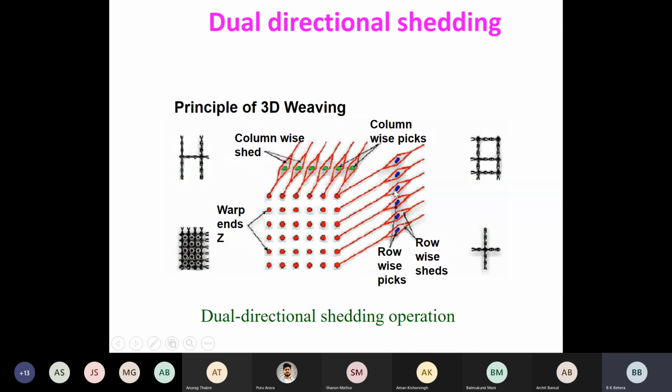Blue dots, another weft. Another means a group of weft. So these are all warp yarns, red dots. In one cycle, these warp yarns make a column-wise shade. We call it vertical shade.